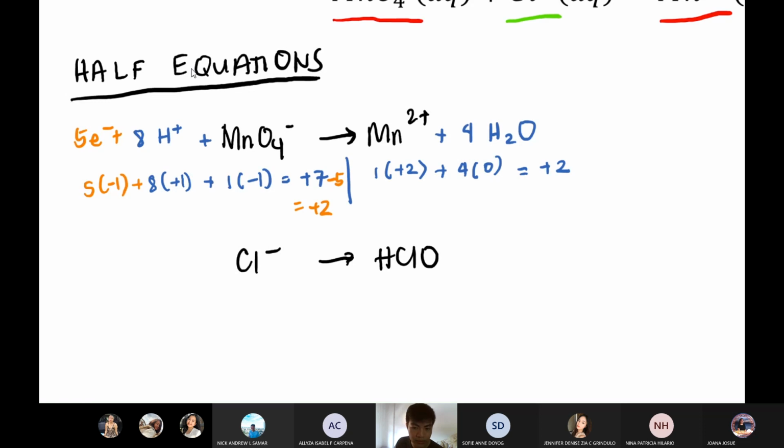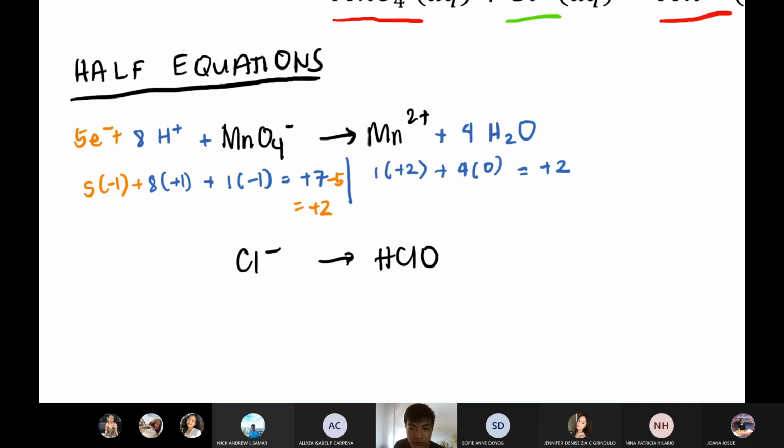Nag-positive 2 na rin yung charge niya. So by adding 5 electrons, I made the charges equal na. So positive 2 dito, positive 2 doon. So tapos na yung balancing dito. Ito na yung balance half equation.